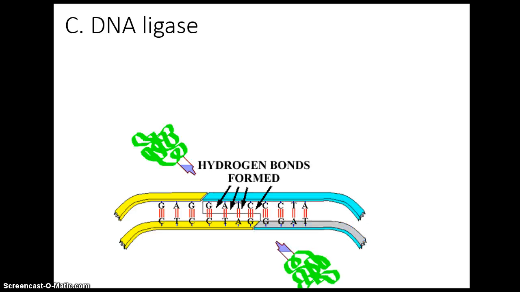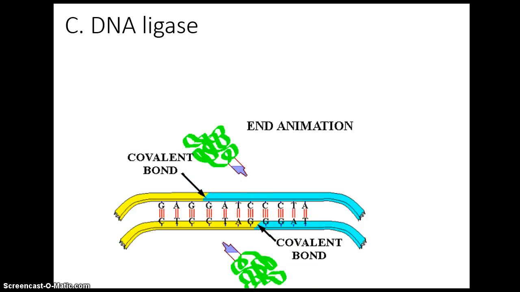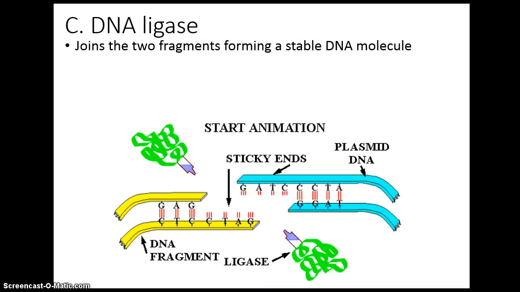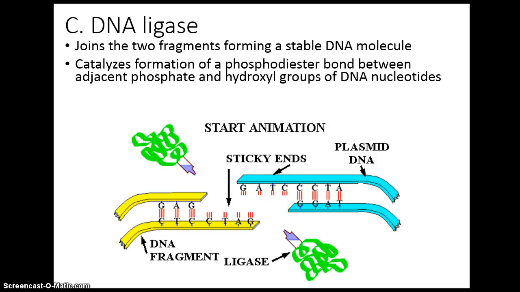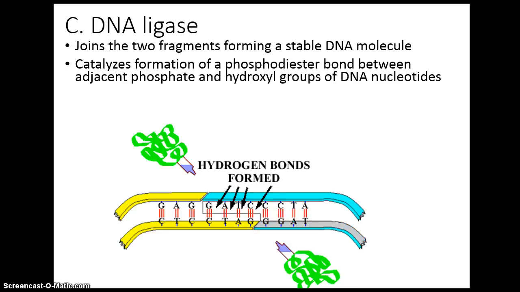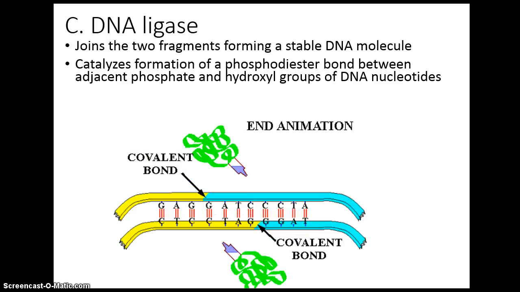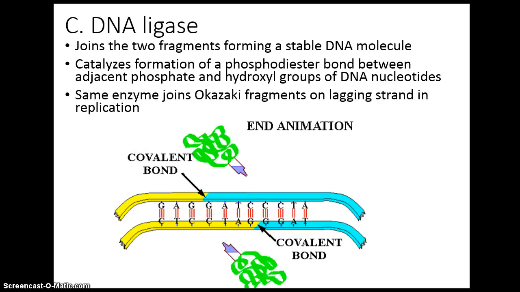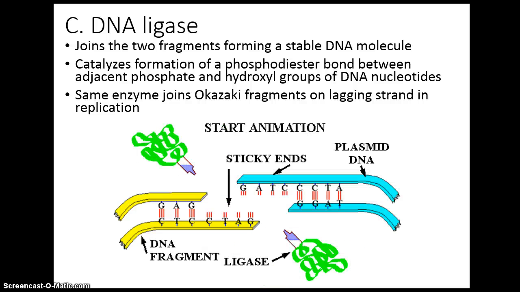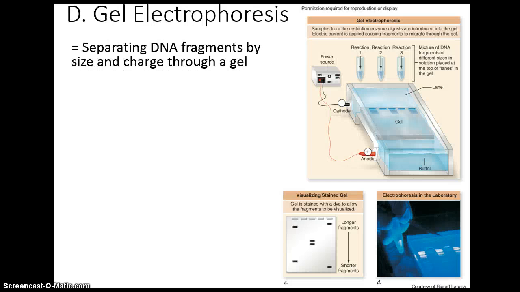They bind together, but in order to be fully formed, ligase has to come in and bind the phosphodiester bonds of the backbone of the DNA, the bonds between the phosphate and the hydroxyl groups between the DNA nucleotides. This is the same enzyme that binds together the Okazaki fragments on lagging strands in replication.